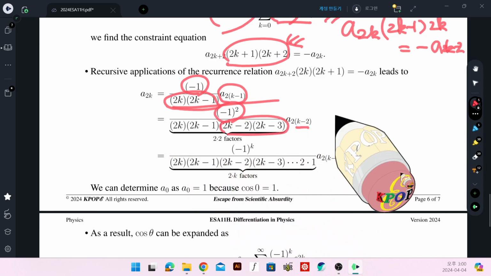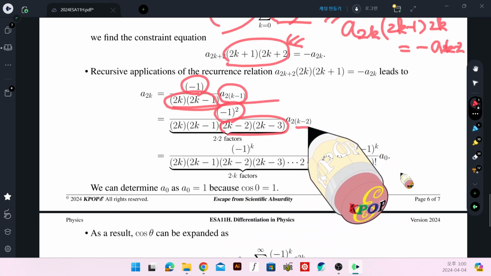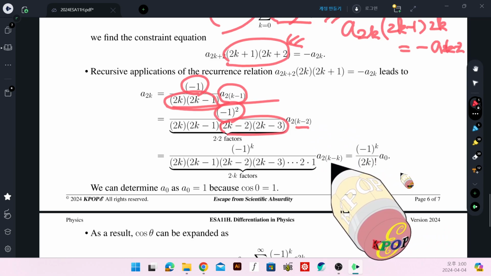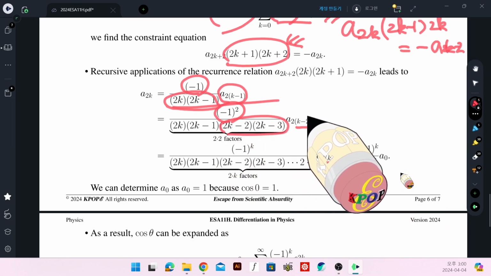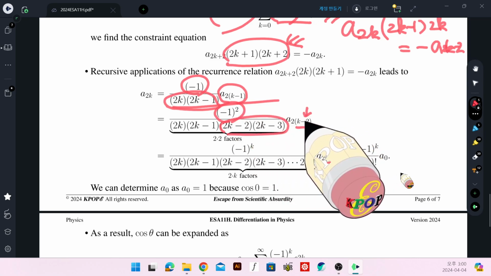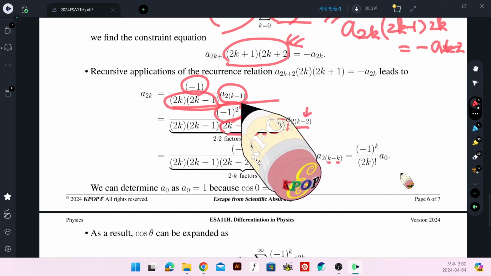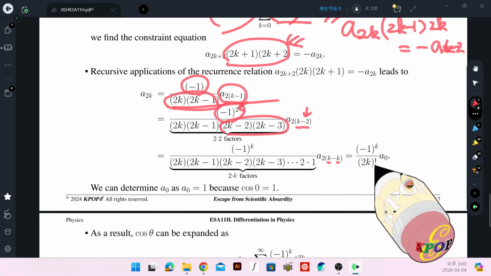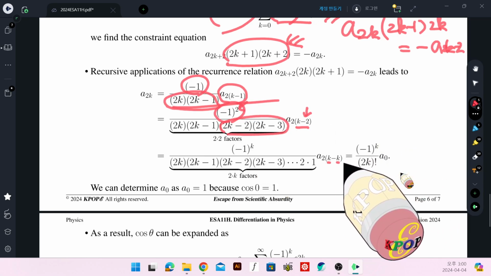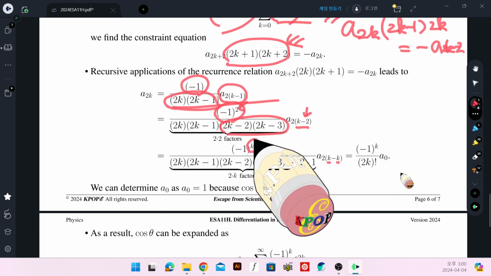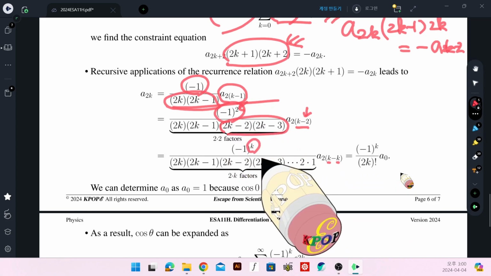We keep doing this until this 2 reaches the same value as k. Then my power of minus 1 is k.